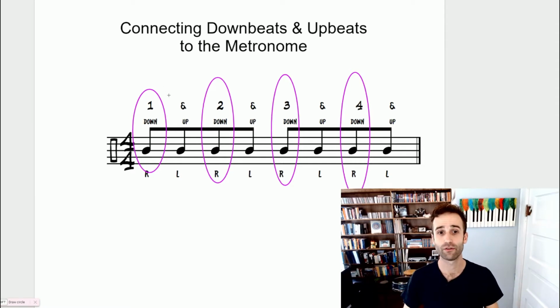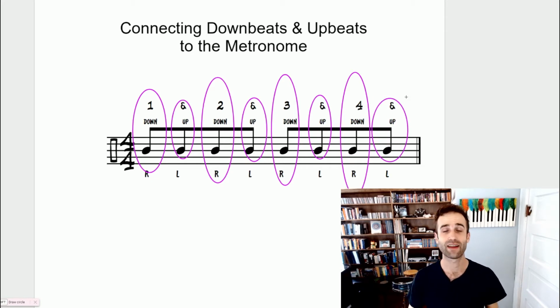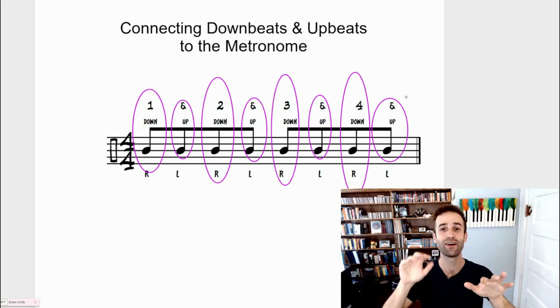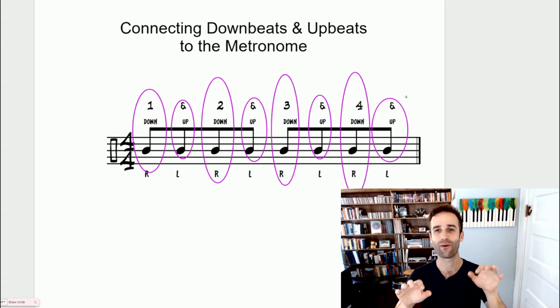In between those, we have our upbeats and we are saying "and" for each one of those, right? So that will be played with our left hand and it will look like this. 1 and 2 and 3 and 4 and.